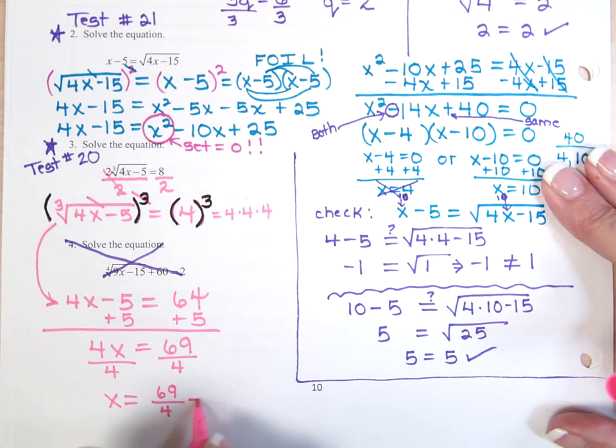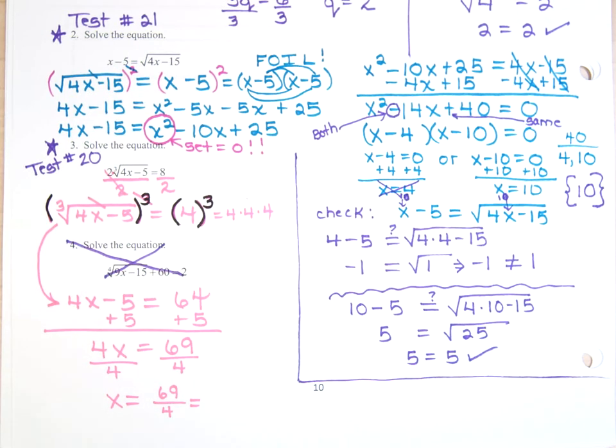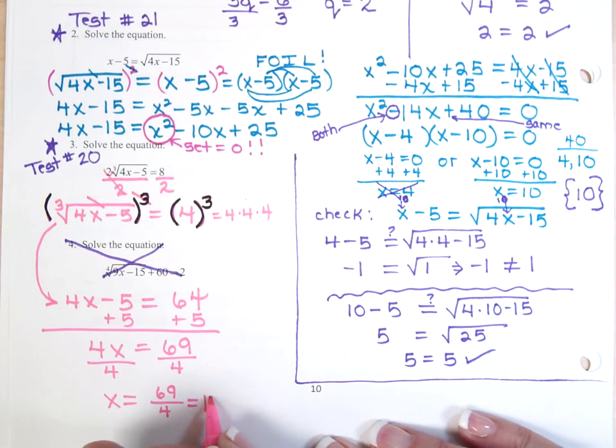That one might be nice to turn to a decimal just to make it easier to check. Get your calculator out, and I know it's a nice decimal because whenever you're dividing by 4, it's nice. So 69 divided by 4 is 17.25.